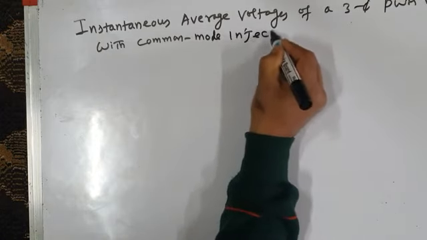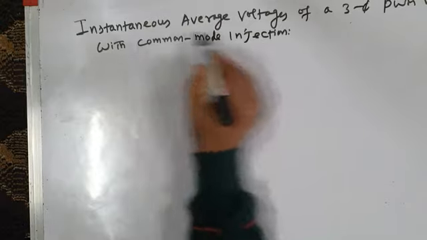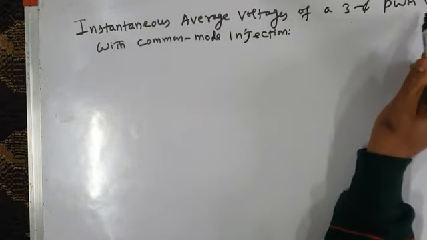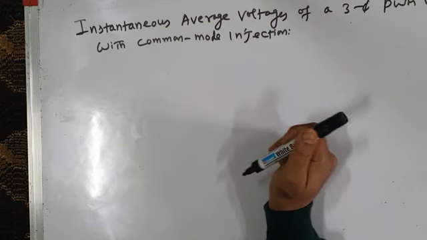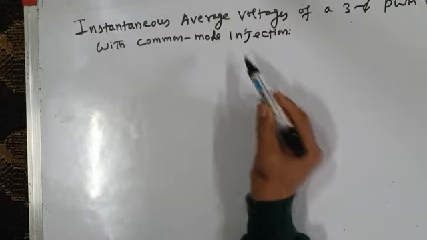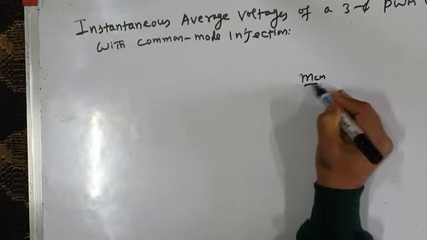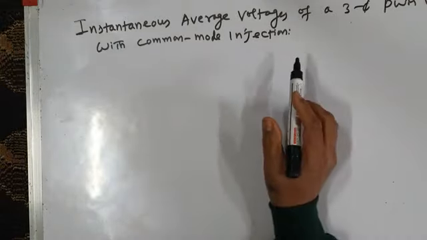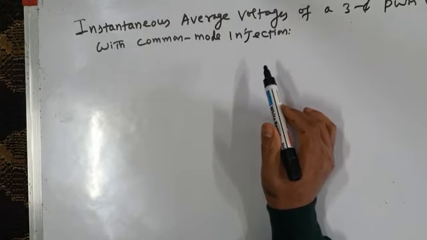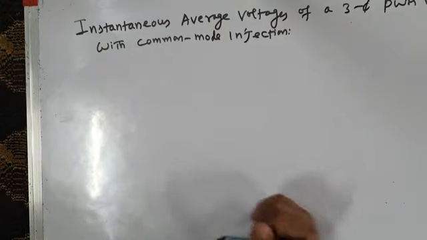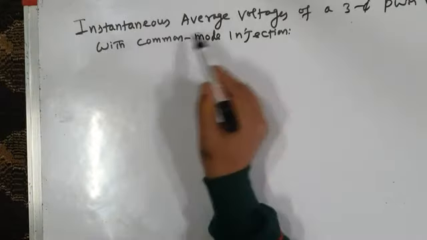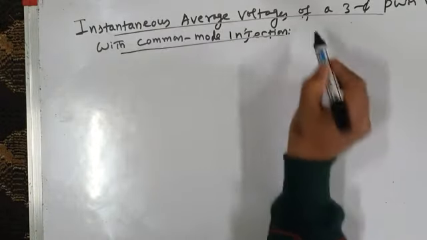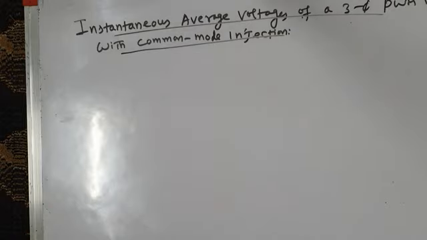Few moments back we discussed instantaneous average voltages of three-phase PWM VSI with sinusoidal modulating waves or sinusoidal target reference waves. Now we are having common mode injection. A common mode signal MCM is added to all the three phases and it modifies the modulating waves. So with common mode injection, our target reference waves or modulating waves are no longer sinusoidal, they are distorted, they are non-sinusoidal. And what will be the instantaneous average voltages if we do the common mode injection?